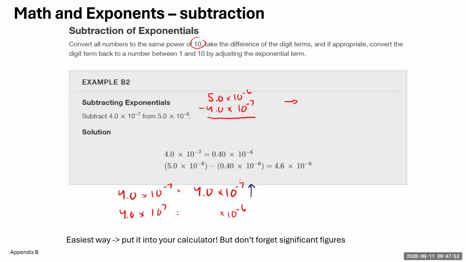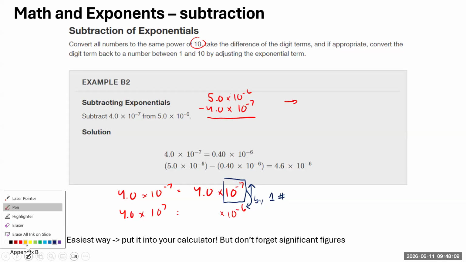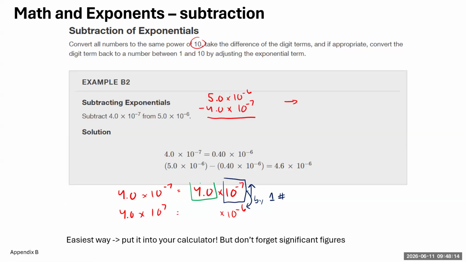So what I did is I raised the value of this side by one number, right? So I raised it by one number. So what I have to do on the left side is lower it by one decimal. So that's going to be 0.40.